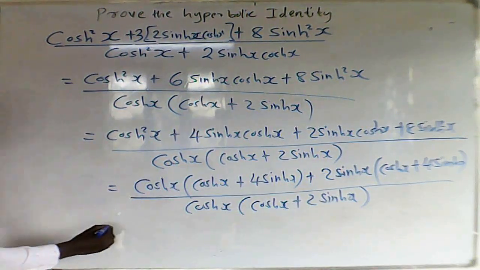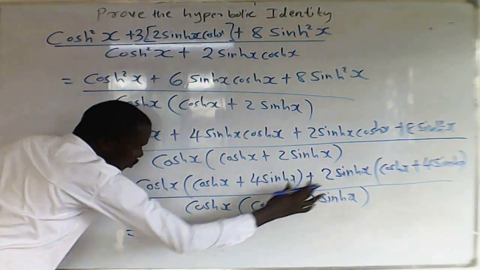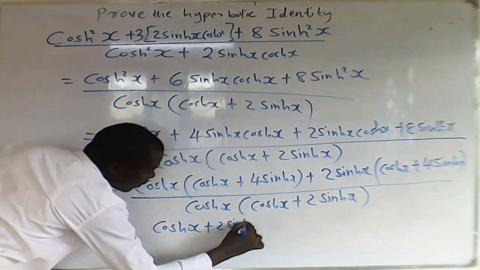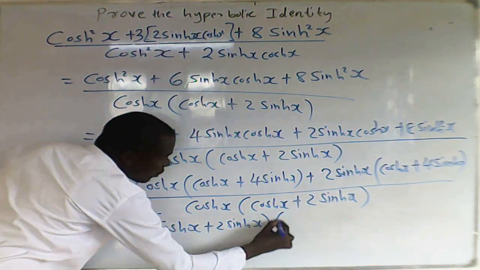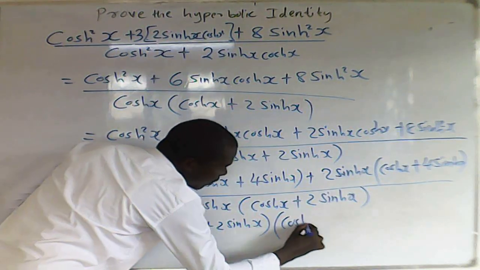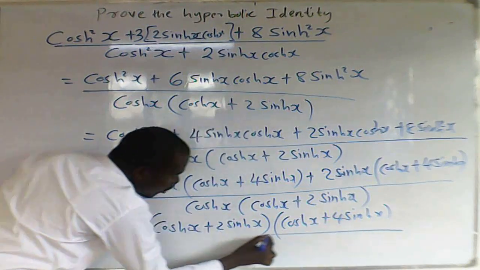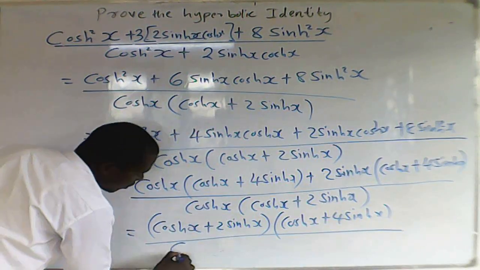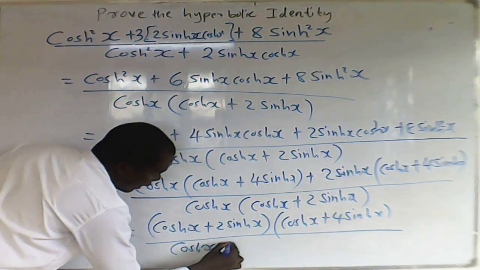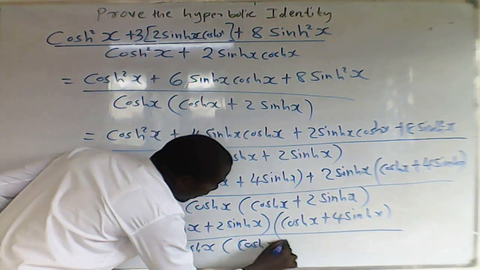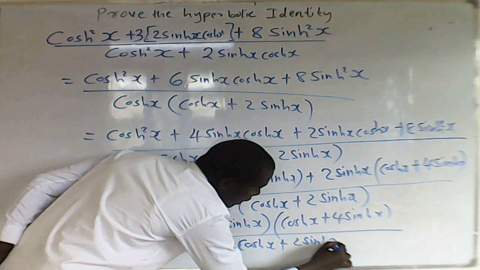Close that bracket: cos x plus 2 sinh x into the other one, cos x plus 4 sinh x. Then in the denominator it is all over cos x into cos x plus 2 sinh x.